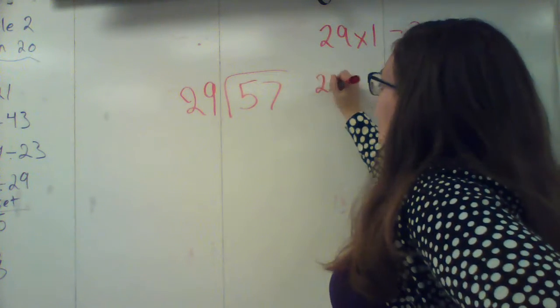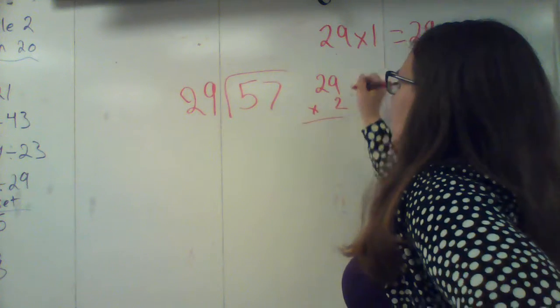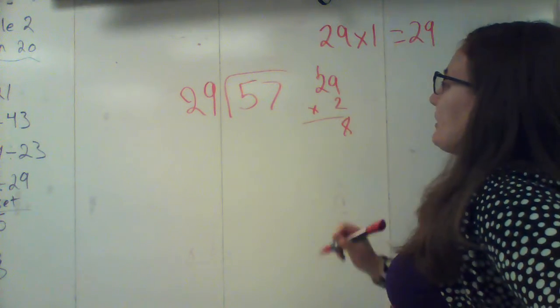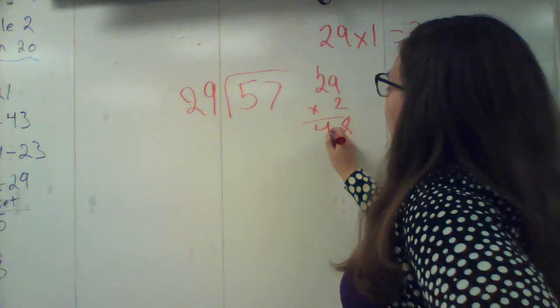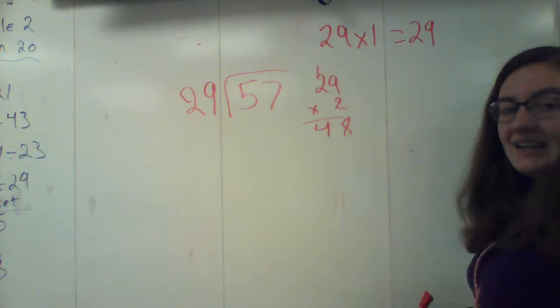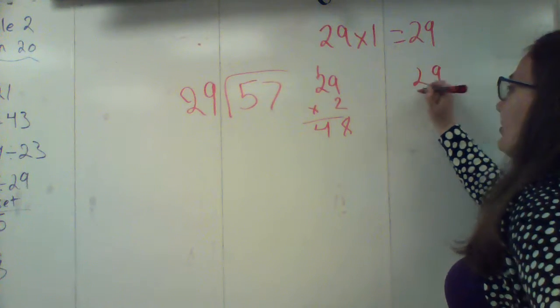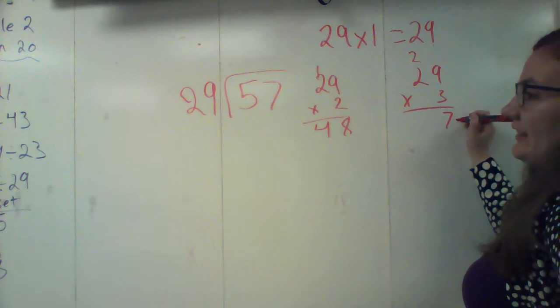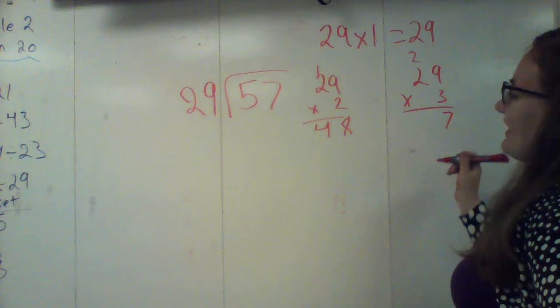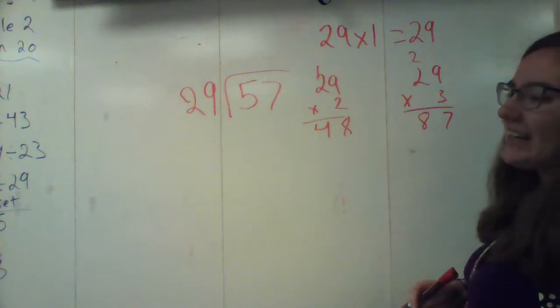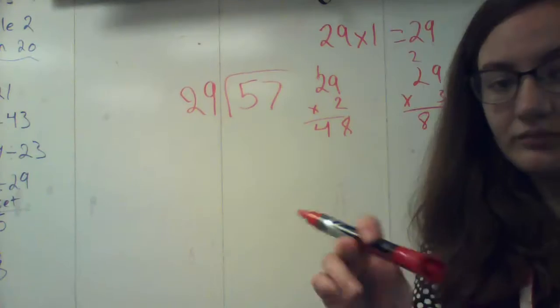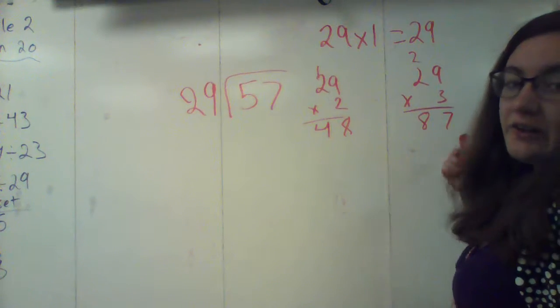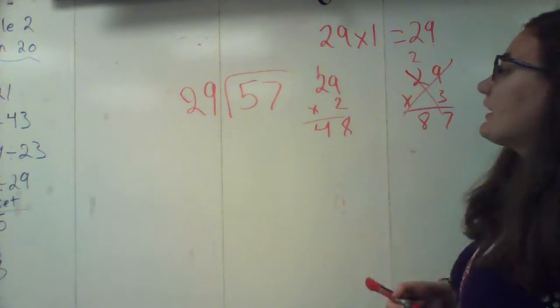If I did 29 times 2, 9 times 2 is 18, 2 times 2 is 4, 4 plus 1 is 48. And if I do 29 times 3, that would be way too big because 9 times 3 is 27. And then 2 times 3 is 6 plus 2, which is 8. So that would be 87. So that one would not work.